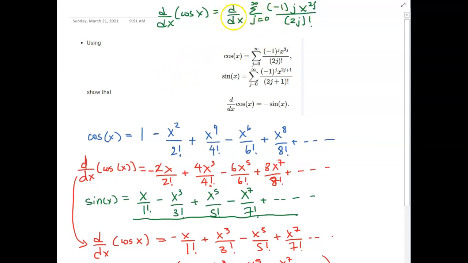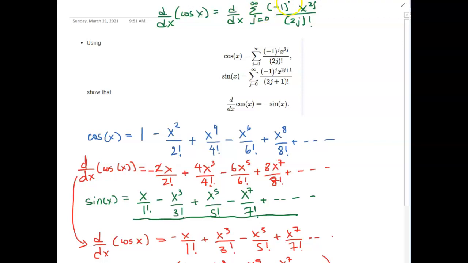Alright? Now, because of the way the derivative works, if you have a sum of terms, you take the derivative of each term individually, then this d dx can go inside the summation.